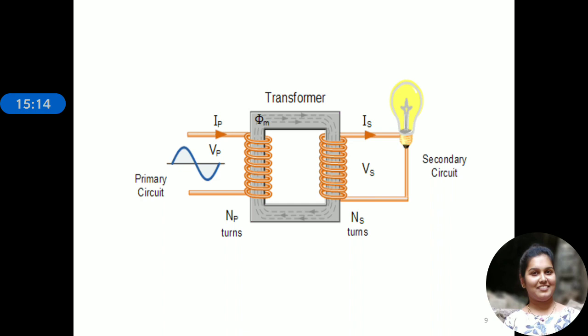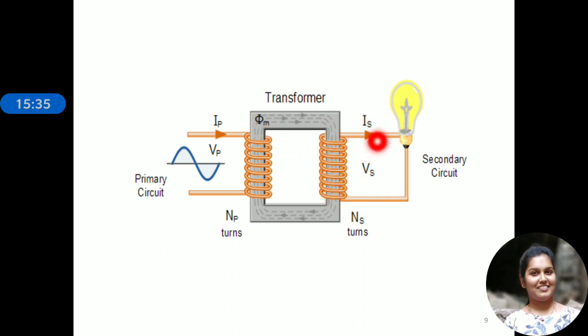Generally a transformer will have a primary winding, which will be connected to the input side, the input supply voltage, and converts the electrical power into a magnetic field.